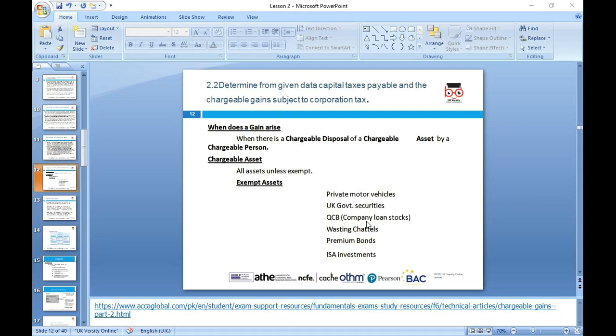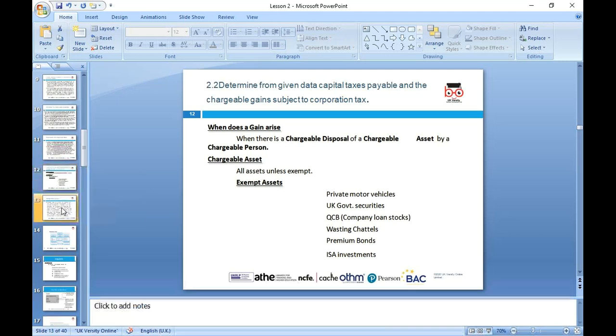You can pay income tax, but not gains tax. And chattels, meaning rare assets like antiques, or if you have a horse, come under this category. Premium bonds and savings investments are all exempt.